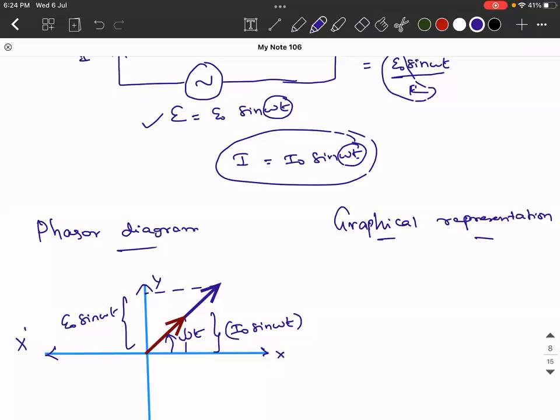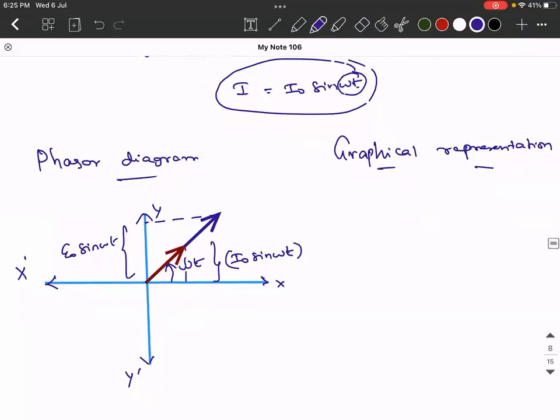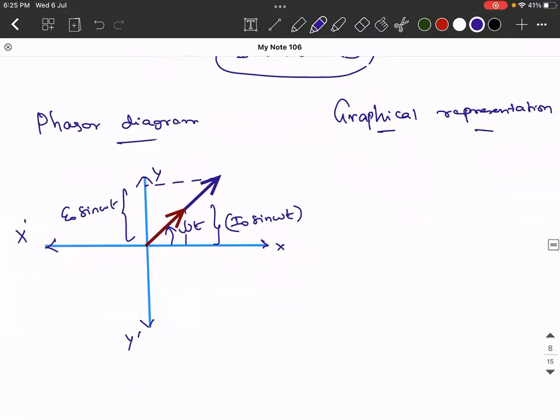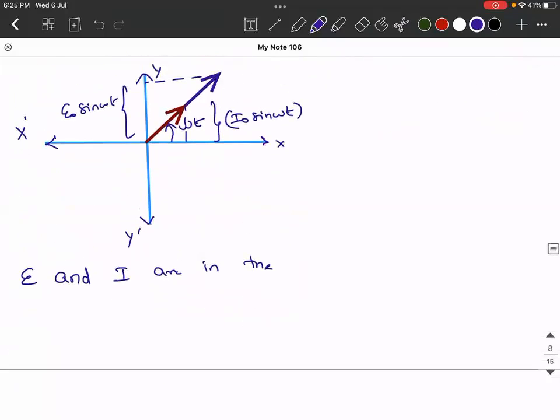Is the point clear? You will know when I explain capacitance. That point you will understand. Okay. So in this case, you can observe that EMF and current are in the same phase.